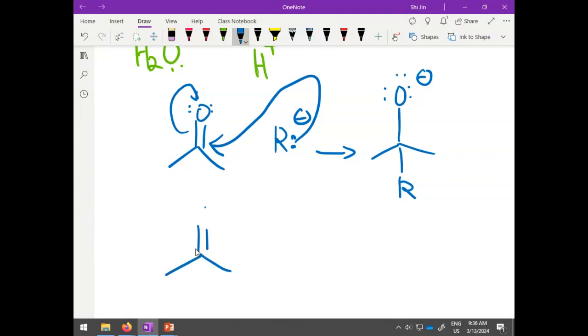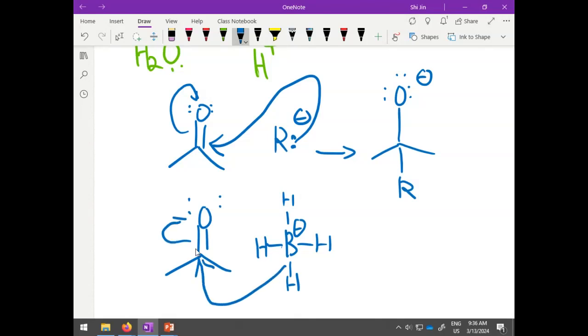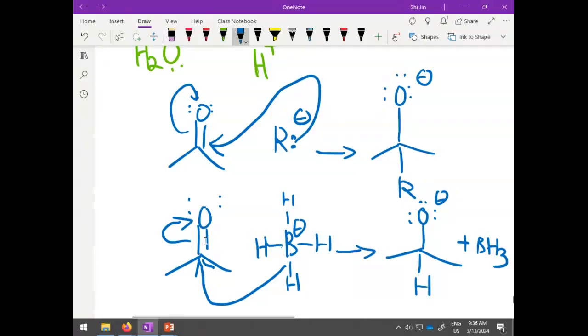And metal hydride reduction, let's say BH4 minus, is kind of the same. Again, that is nucleophilic addition, BH3. Again, that's nucleophilic addition. So this type of reaction we can generalize.